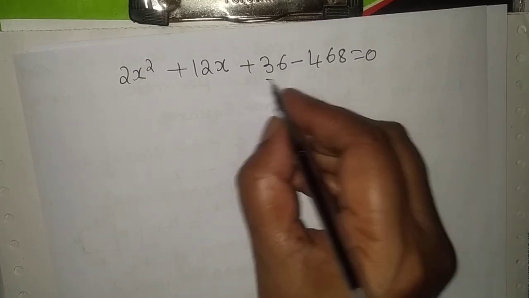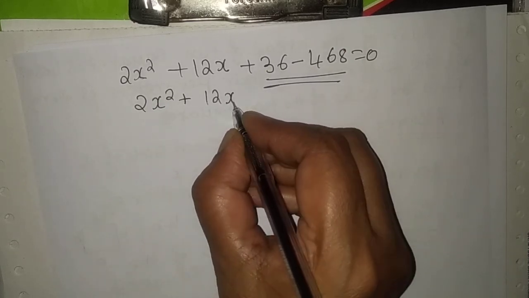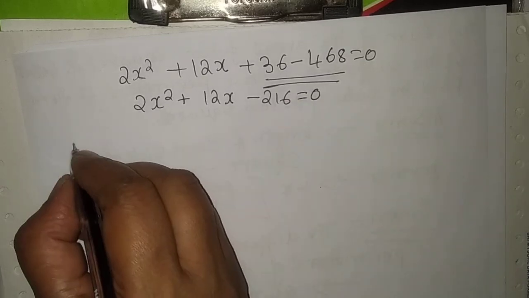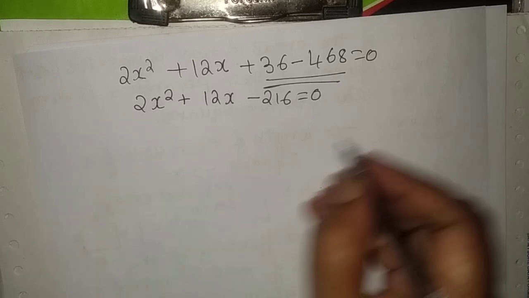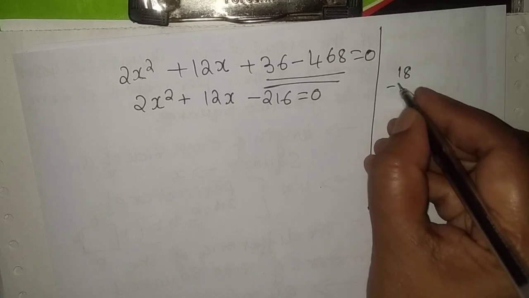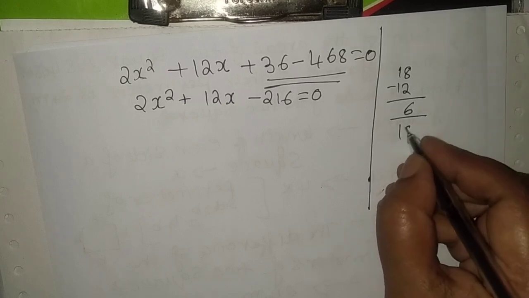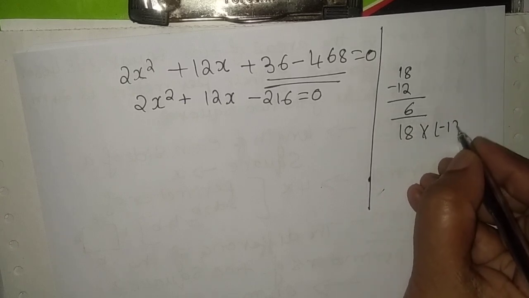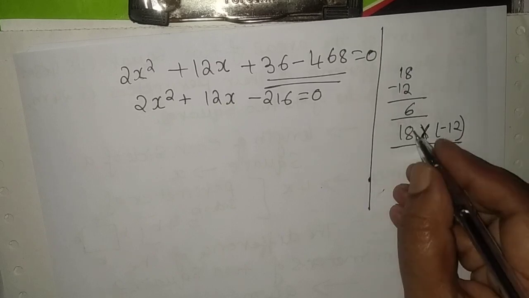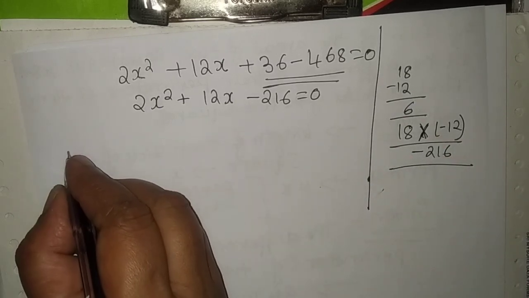Subtracting, we get 2x square plus 12x minus 432 is equal to 0.